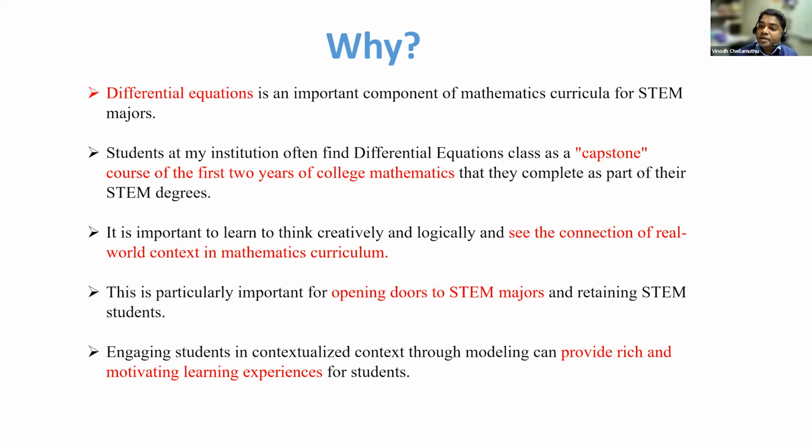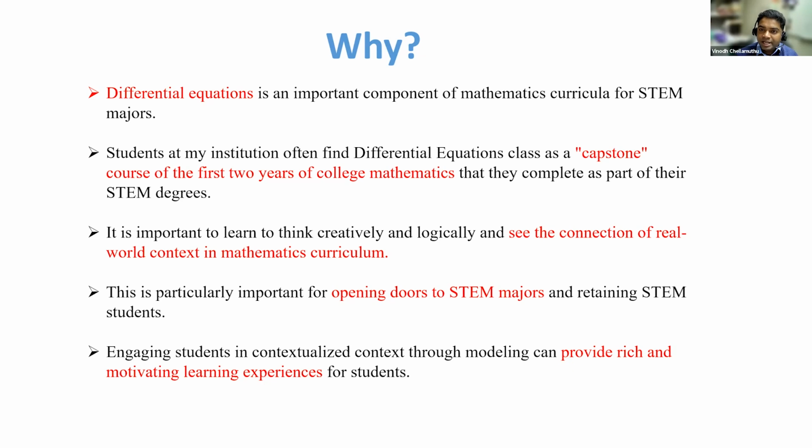We grant associate degrees, bachelor's degrees, and master's programs now, and a doctoral program is coming up. So when students get an associate's degree, around that mark, this differential equations class serves as a capstone kind of class for the first 2 years of college mathematics.